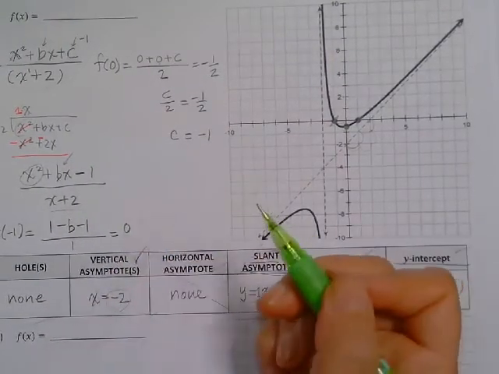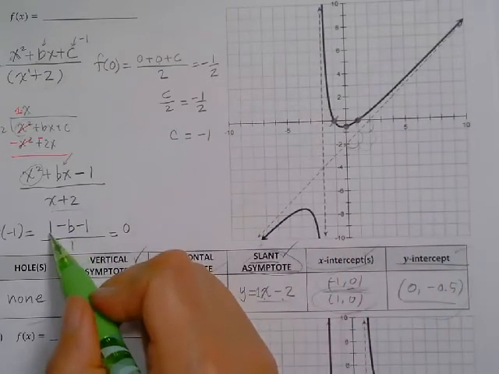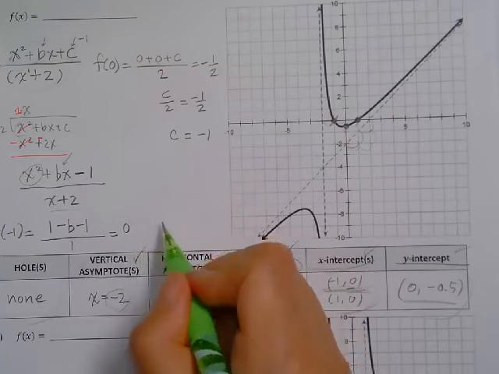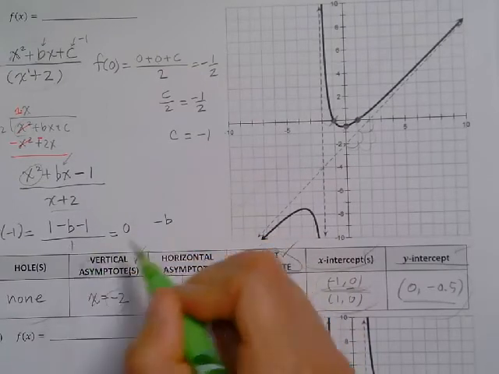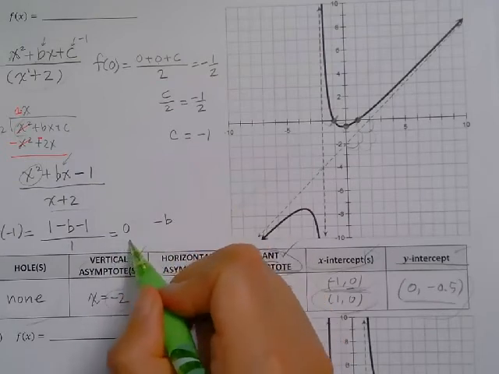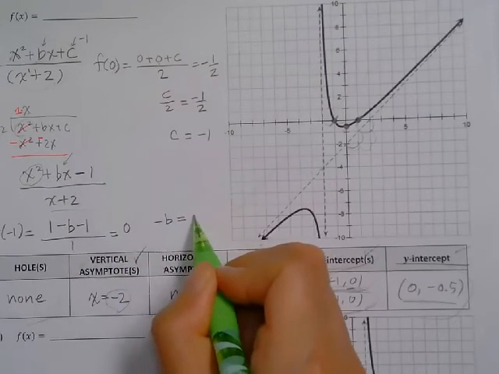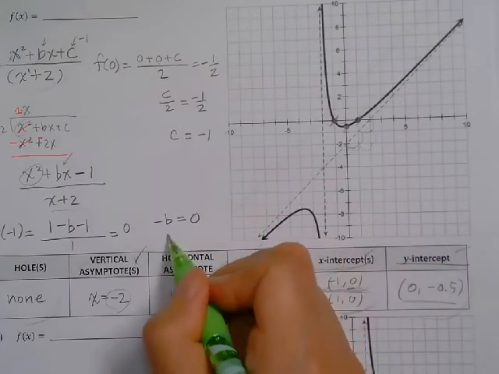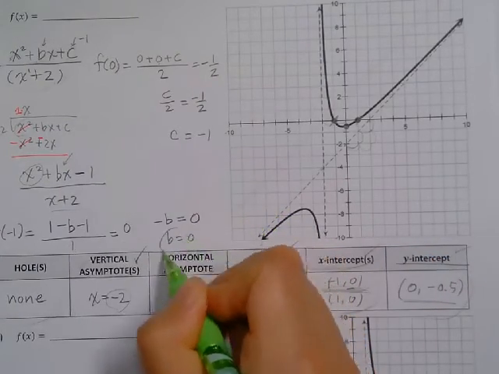So it's a 0 on the other side. Then what's 1 minus 1? It's a 0. So it's -b over 1, which is -b, and that's equal to 0. If -b is 0, b is 0.